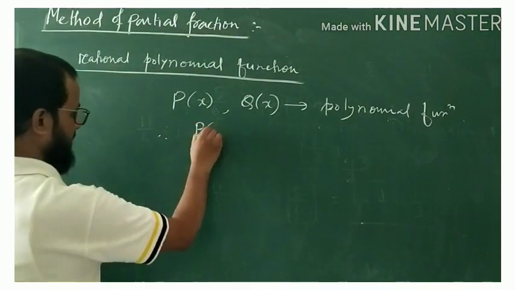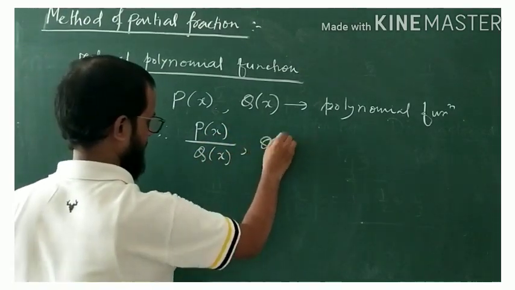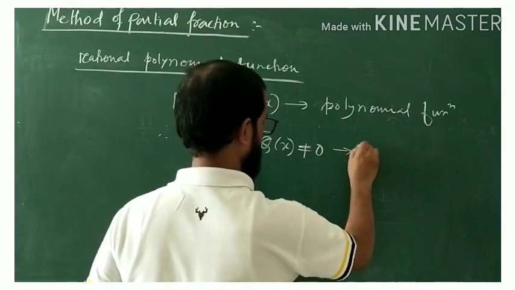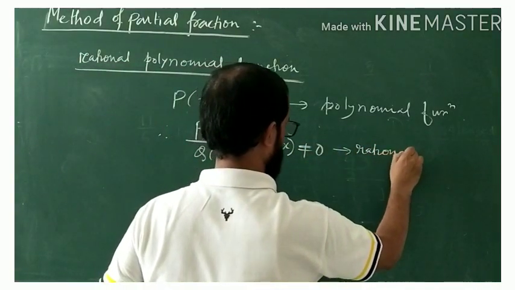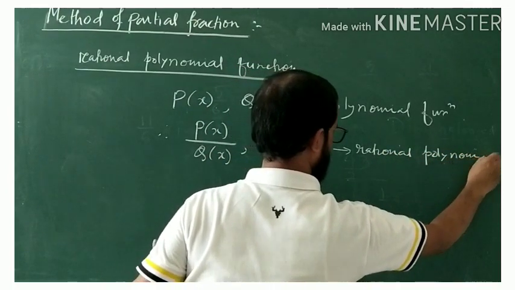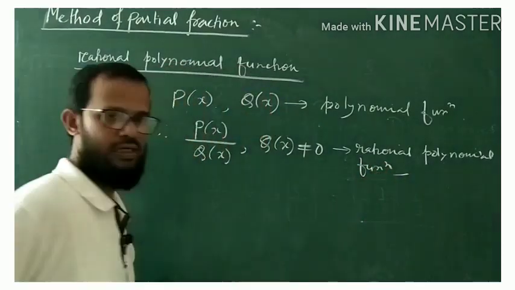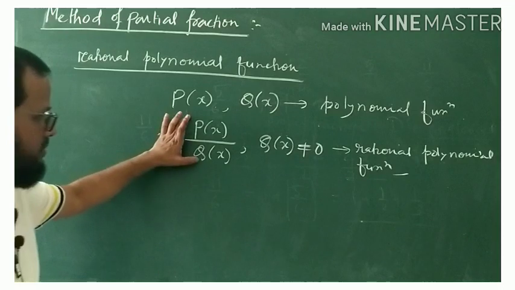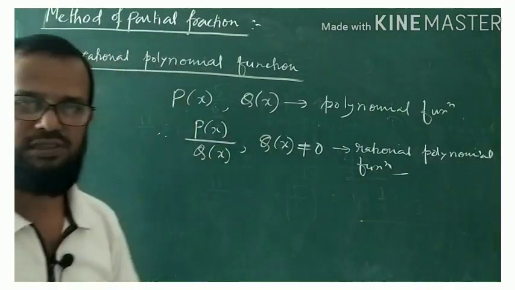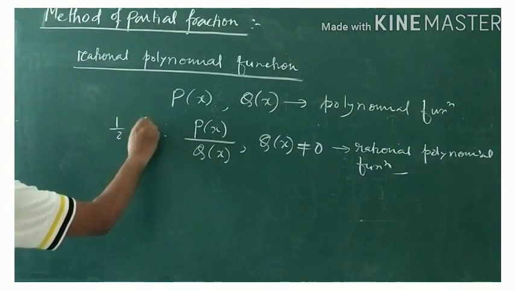Therefore, P(x) by Q(x), where Q(x) is not equal to 0, is called a rational polynomial function. Such types of functions are called rational polynomial functions. Earlier, in number system, we had 1 by 2 or, suppose, 6 by 5.